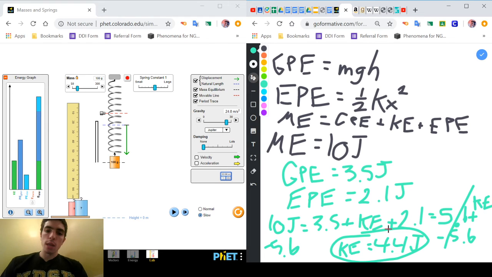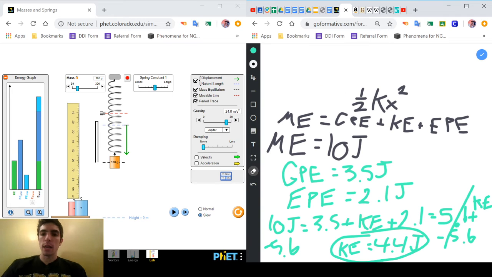Now, the one new thing that we haven't done this week is going from that kinetic energy to a velocity. We did do that a while ago, but it's been a while since we practiced that. So I'm going to take a second to go over how to do that again. It's how to calculate what that velocity is at this point that I've paused the simulation at, and getting that from this kinetic energy that we just found.